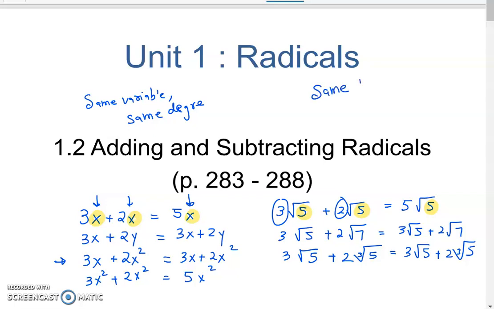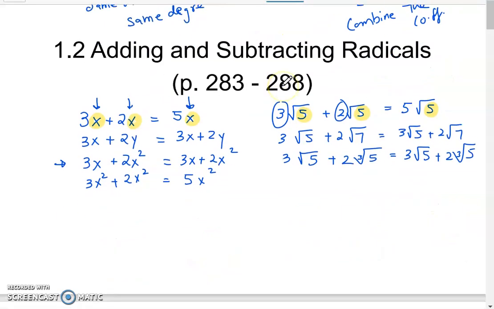It kind of acts like the degree. And it has to be the same radicand, acts like the variable. And then you can only combine the coefficients. Same like you did here.